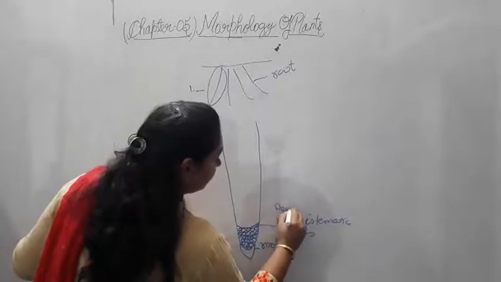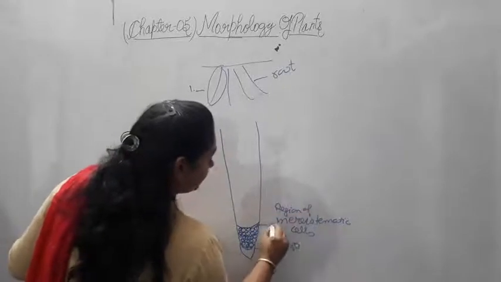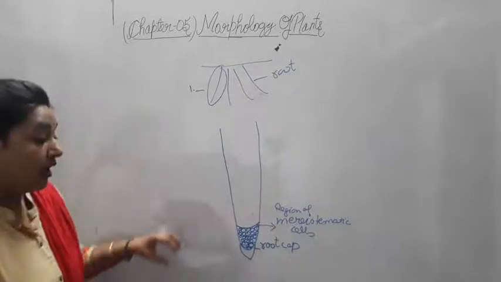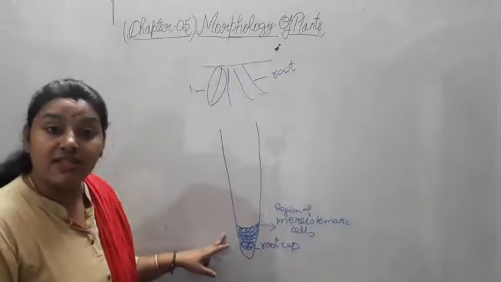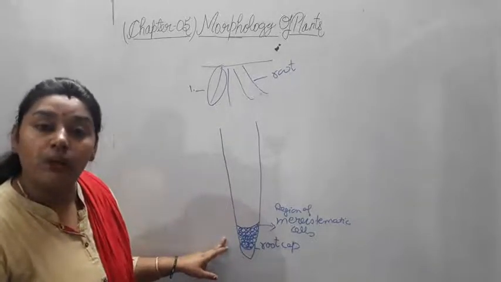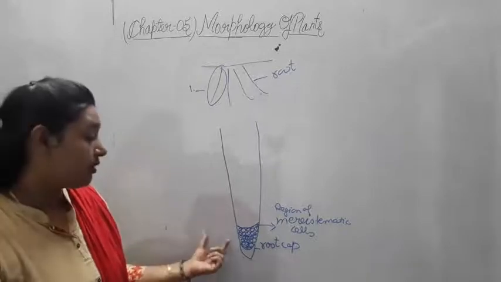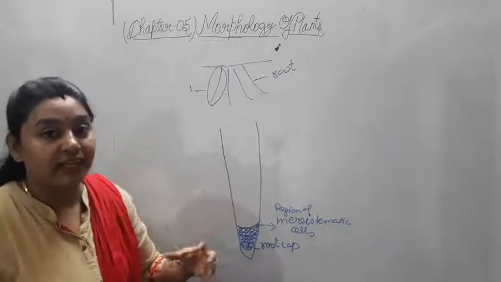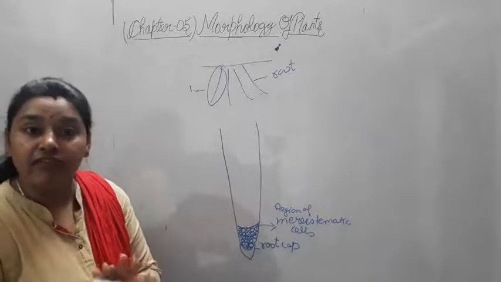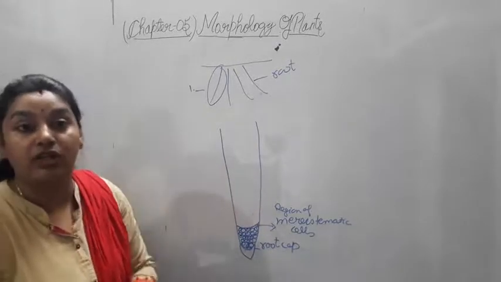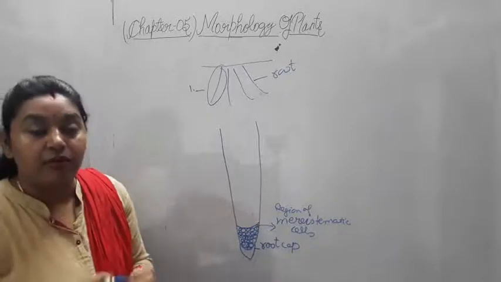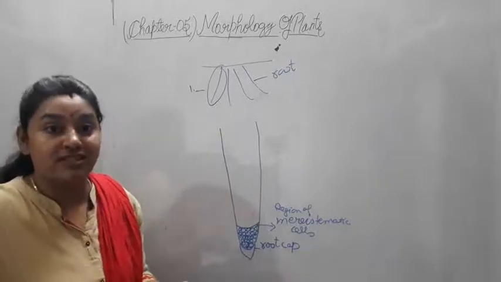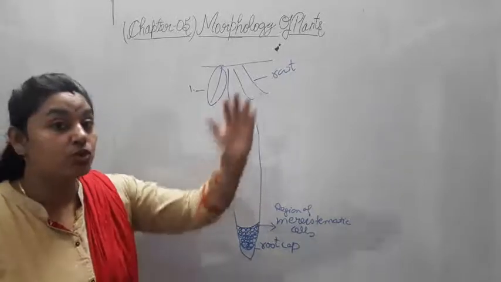So we'll write here region of meristematic cells. These meristematic cells have the ability to divide and develop. Because of this, the meristematic cells keep dividing and they give height to the plant throughout its life. Means from beginning to its death a plant shows growth.